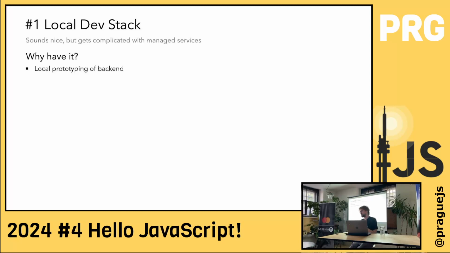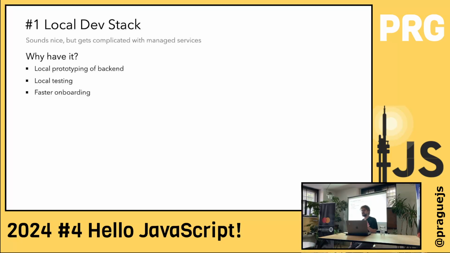So why have it? You can locally prototype your backend services that rely on the underlying AWS services. You can test locally. It's pretty obvious. You don't need the DevOps team to onboard new people because you don't need to spin up new instances of the managed services.